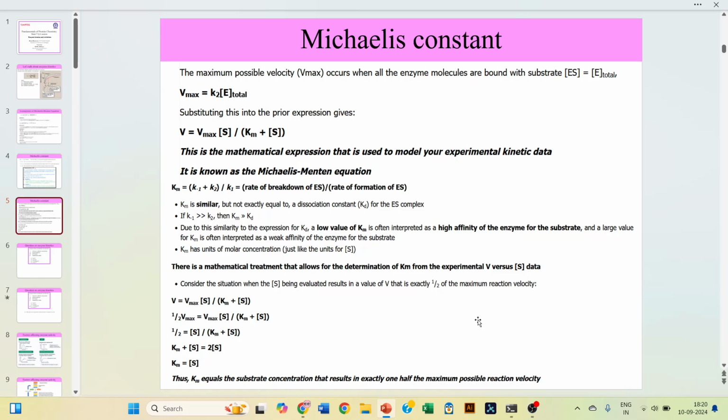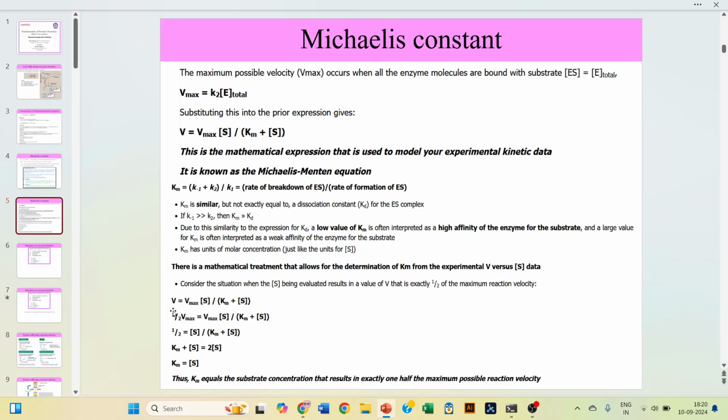Okay. Now we will move on to some more equations. See, Vmax is equal to K2 into E total. We know what K2 is. K2 is the rate constant for the formation of enzyme plus product from the ES complex. Now, how do we get that Km is equal to the substrate concentration at half of Vmax? That is shown here.